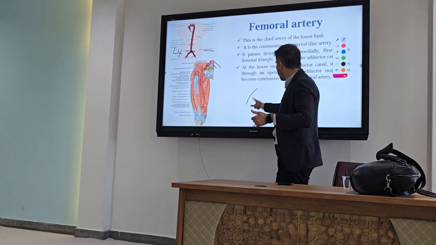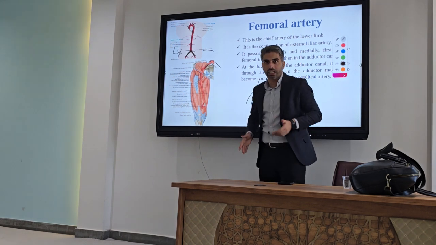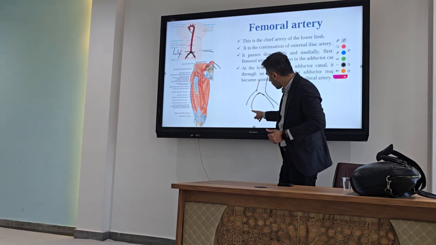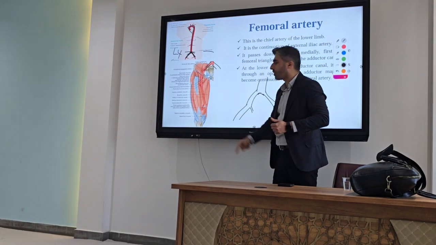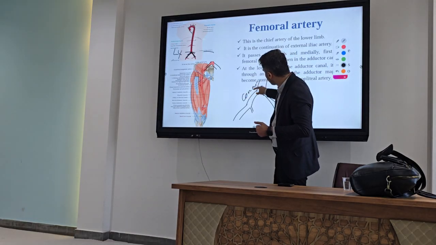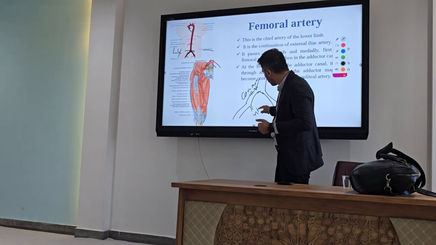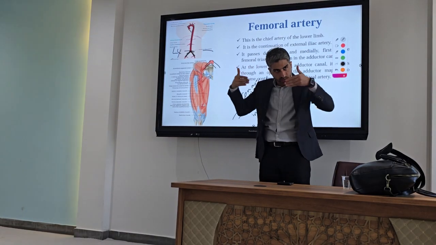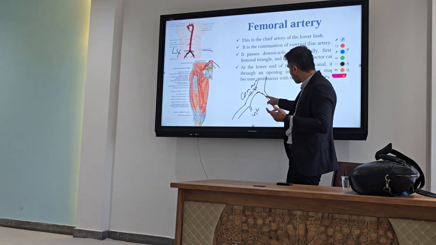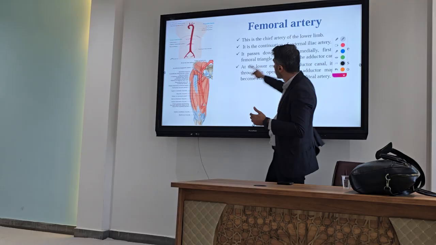So what happened after that? The common iliac right and common iliac left each divide into two branches, internal iliac and external iliac. The internal iliac is for the inside of the pelvis, for the urinary bladder, anal canal, and prostate, and the external iliac is for the lower limb. Look at the picture.